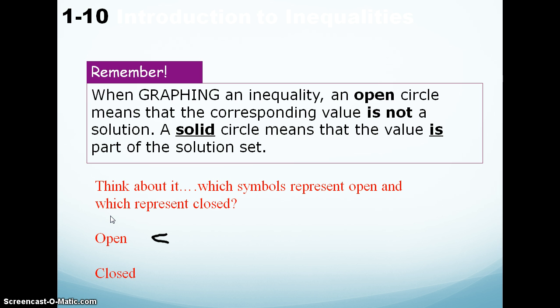Open: less than and greater than. Closed: less than or equal to, greater than or equal to. It's as simple as remembering that if you see the equal to portion, it's a closed circle. If you don't, it's open.